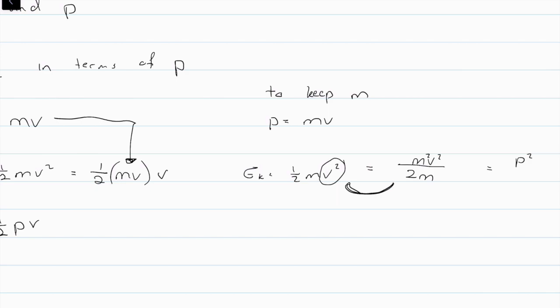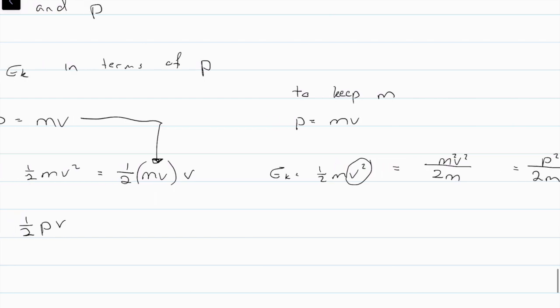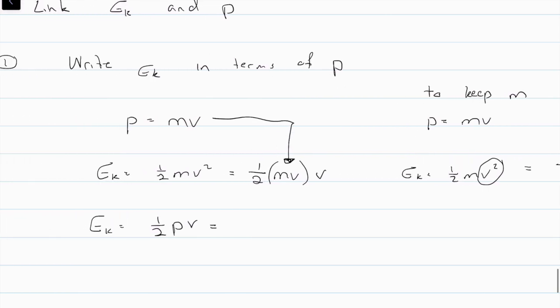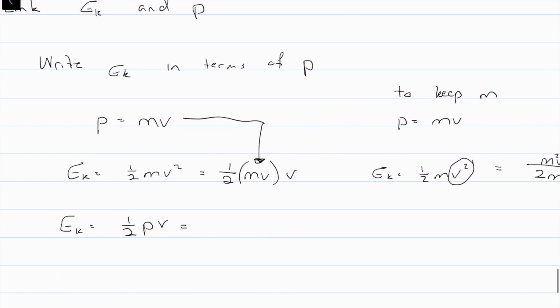These two things are equal, because half mv squared is equal to 1 over 2 mv squared times m over m. So these two cancel and we're left with the same thing. The term on the left is equal to the term on the right, which is equal to momentum squared over 2m. So that's another way we can write it: momentum squared over 2m.